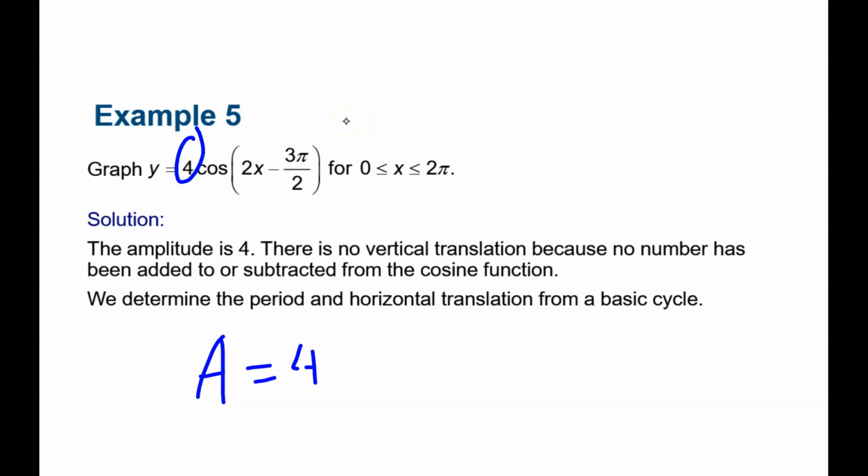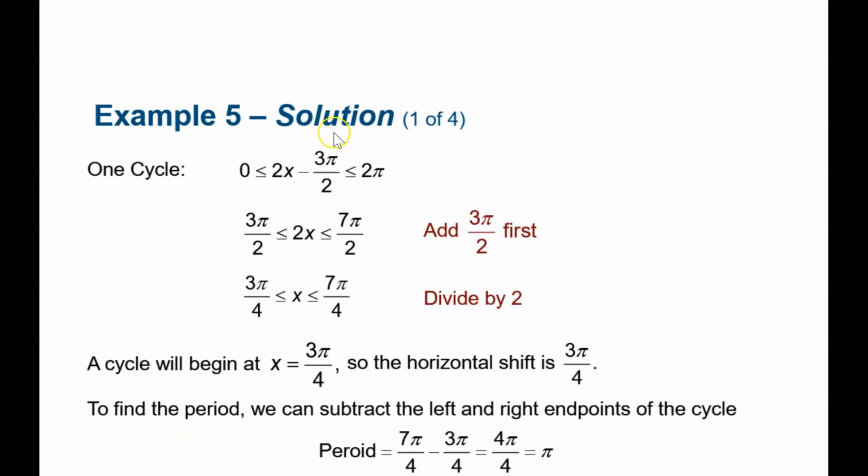We determine the period and horizontal translation from a basic cycle. One cycle of our graph would be from 0 to 2 pi. Here's our argument, so we work our way to get x by itself. Add 3 pi over 2 to both the left and the right side.